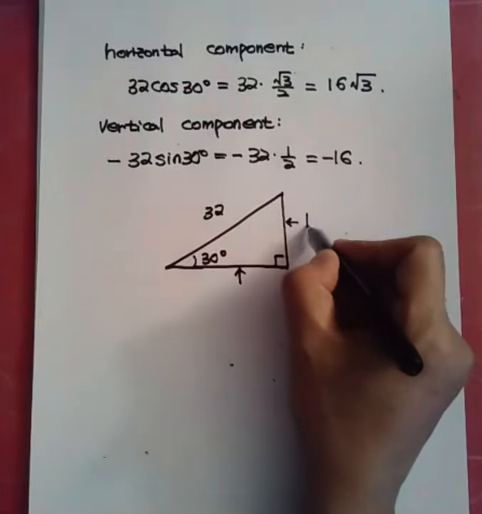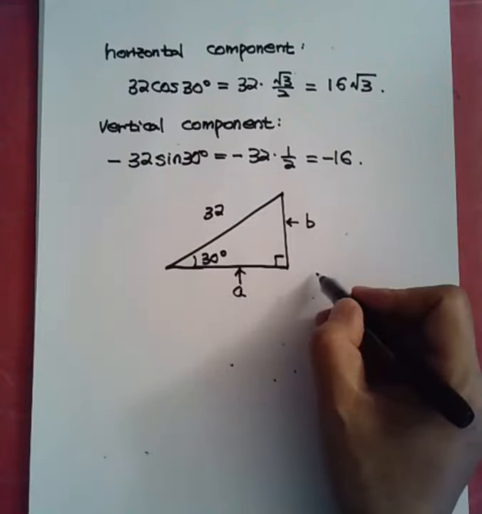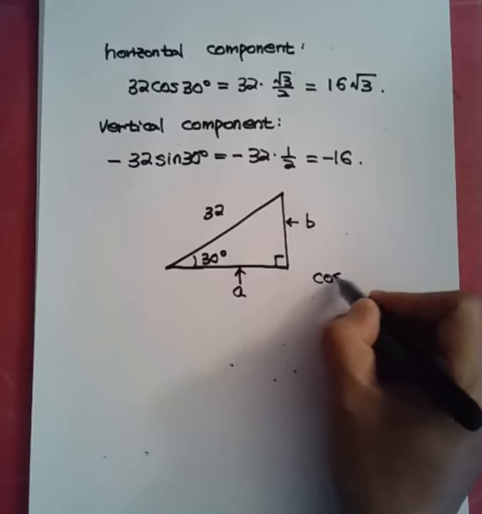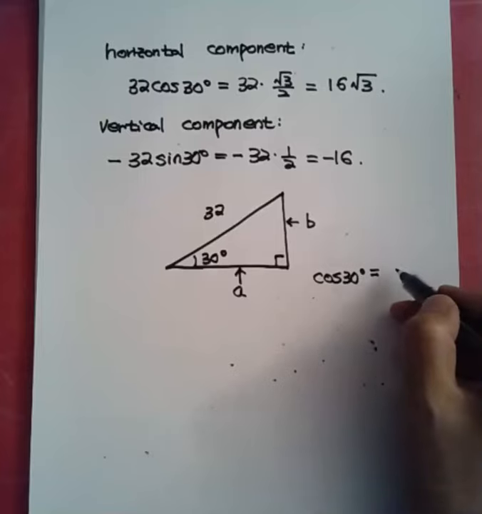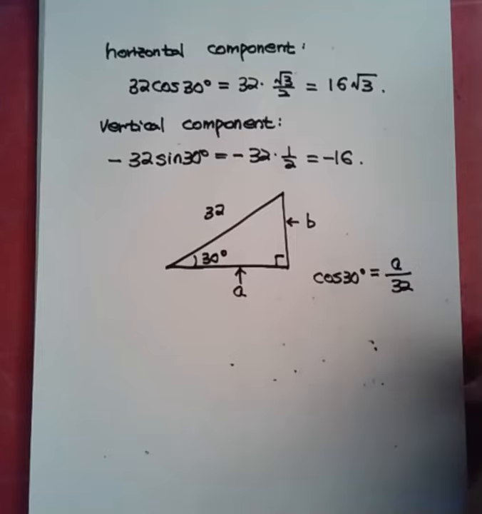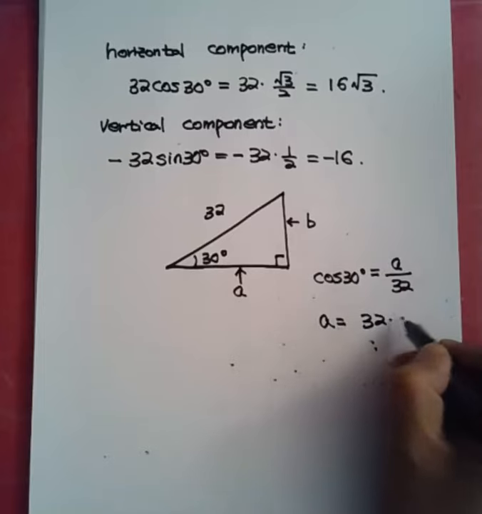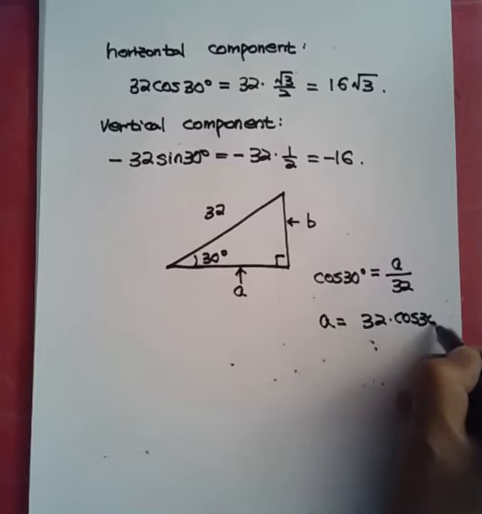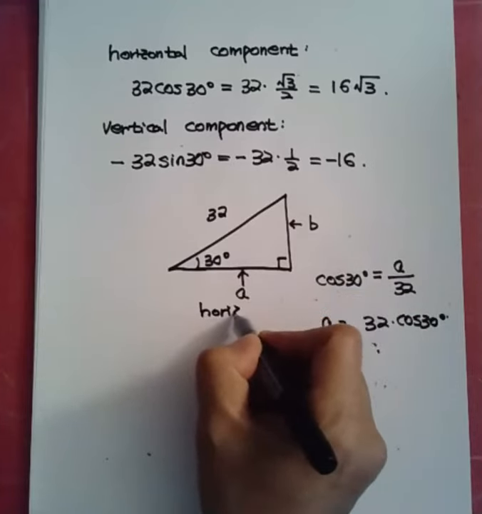If this is B and if this is A, then what I used was cosine of 30 degrees equals adjacent over hypotenuse. So adjacent is A over hypotenuse is 32. So A is 32 times cosine of 30 degrees, and A is a horizontal component.